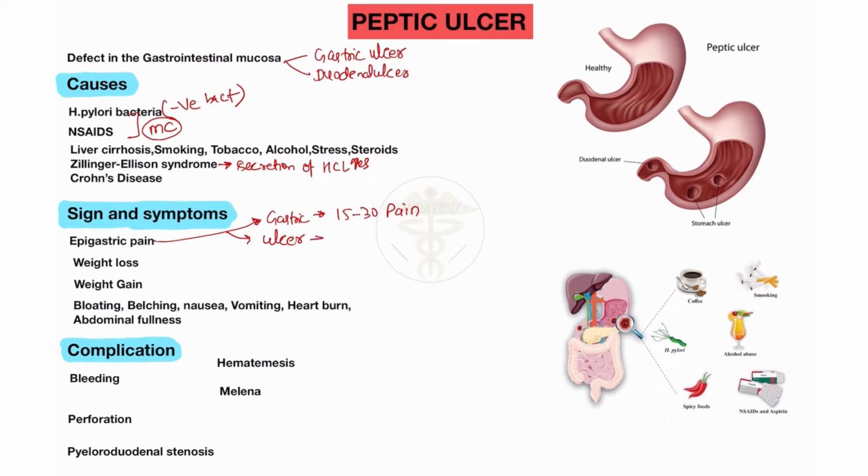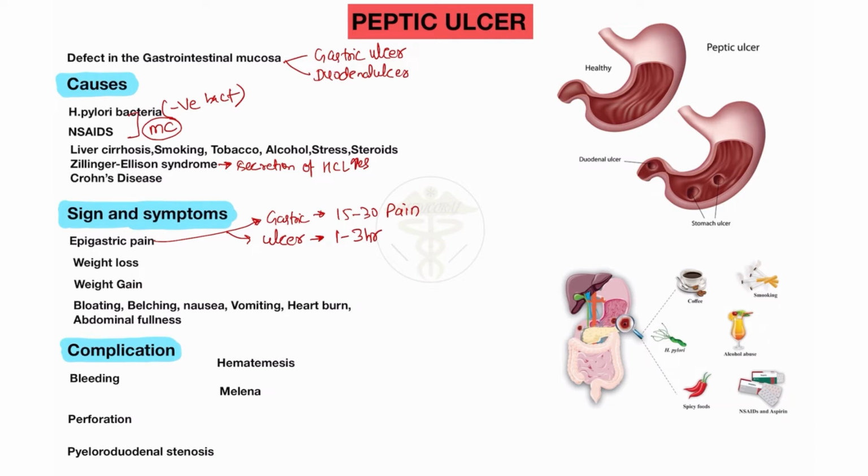But when a duodenal ulcer is present, then pain occurs after 1 to 3 hours. Also you will see in MCQs, pain occurs at night, meaning 3 to 4 hours after taking food. Like if he eats at 9 o'clock at night, then pain occurs at 12 or 1 o'clock, so it also causes night pain.